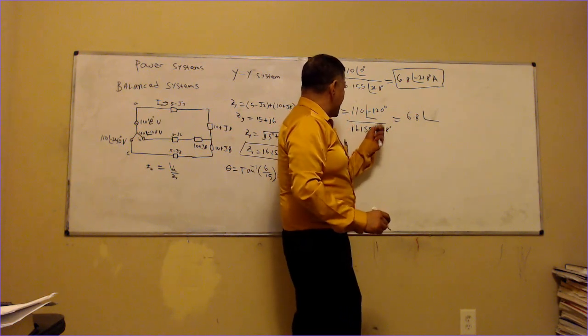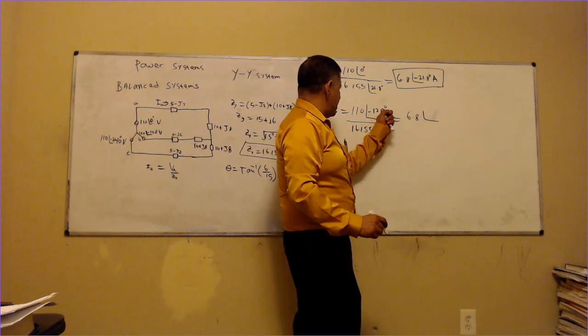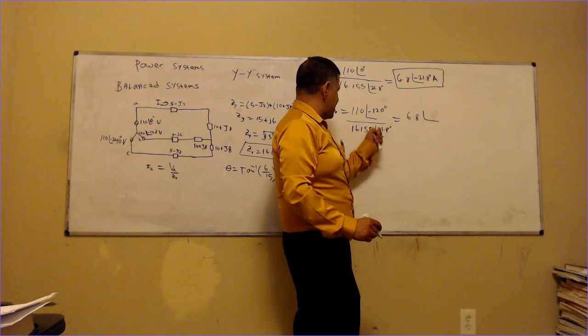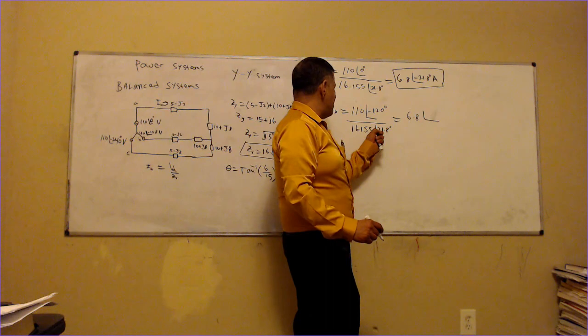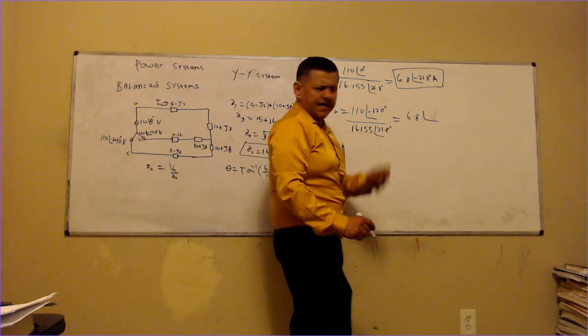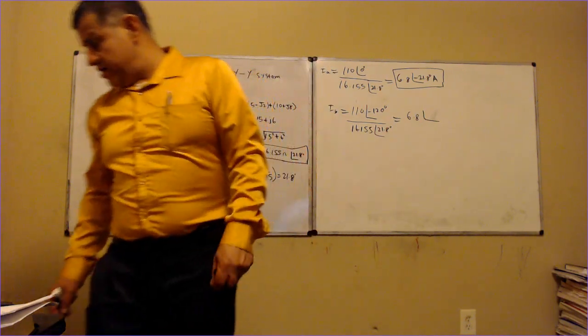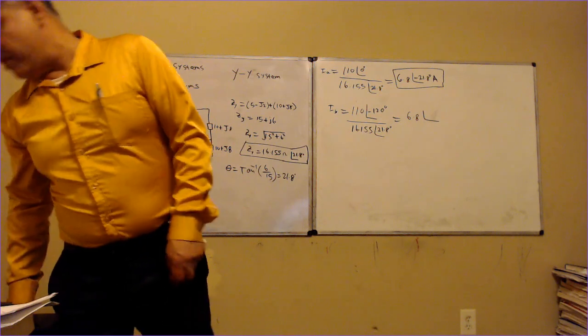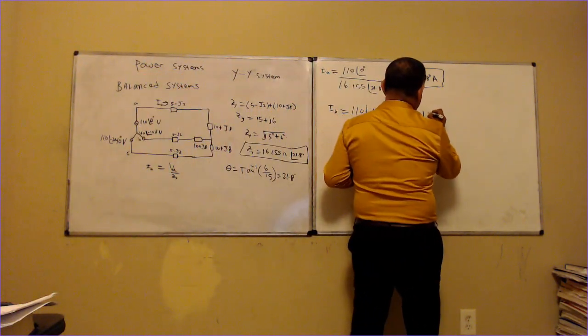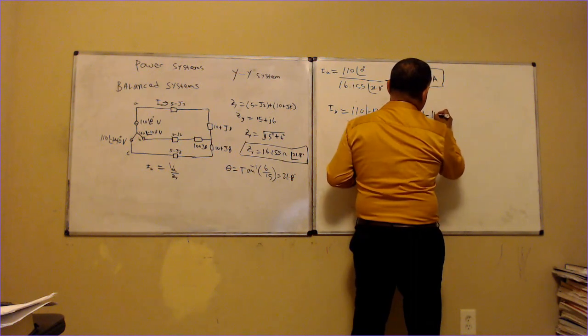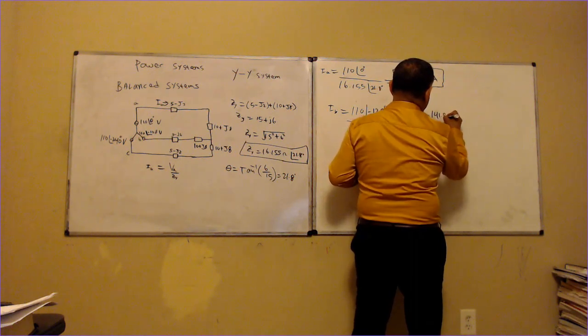Because that is negative already, and then I am subtracting 21.8, so that will become negative 141.8 degrees.